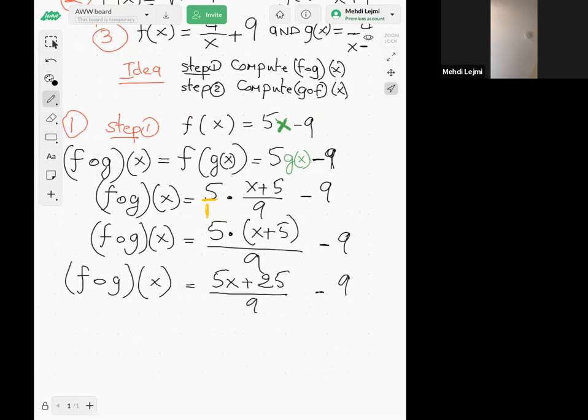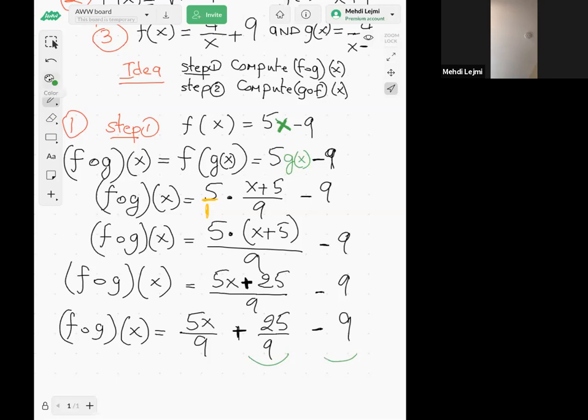So it's 5x over 9, plus 25 over 9, the same denominator. And then there's minus 9. Now there's this 25 over 9 minus 9.